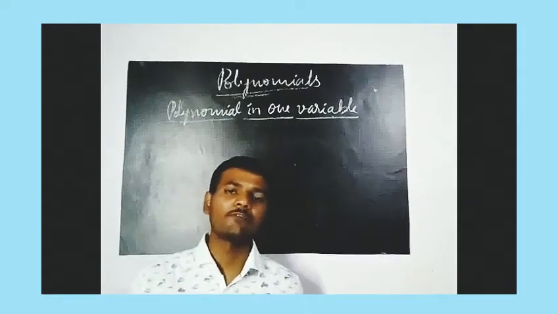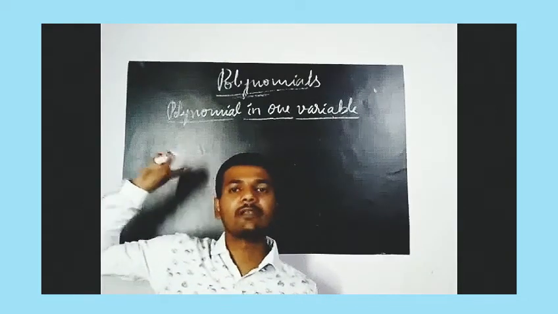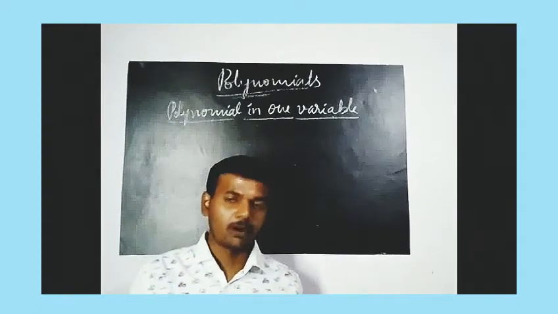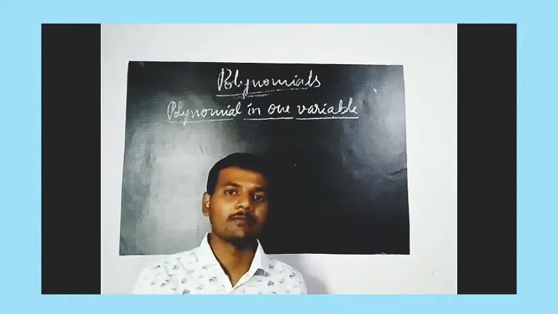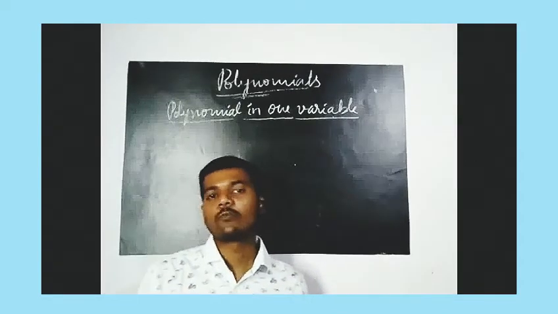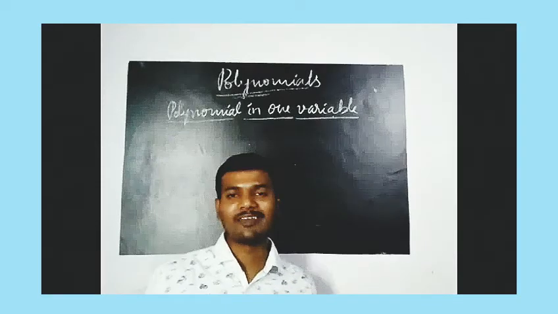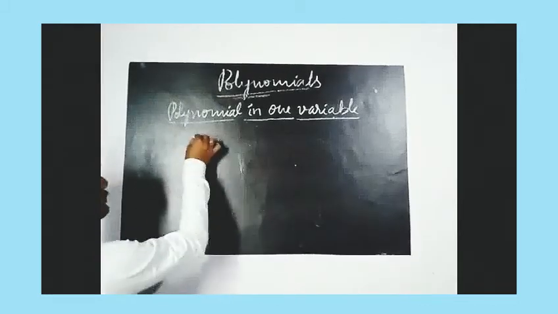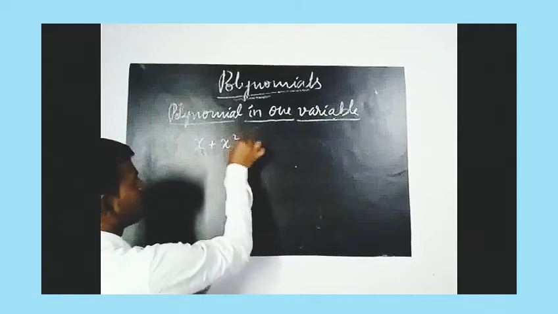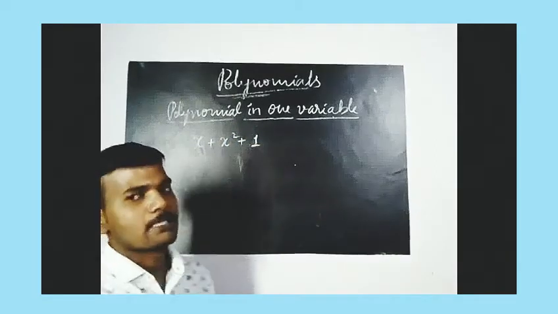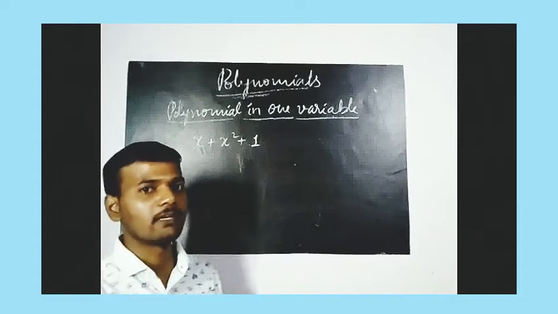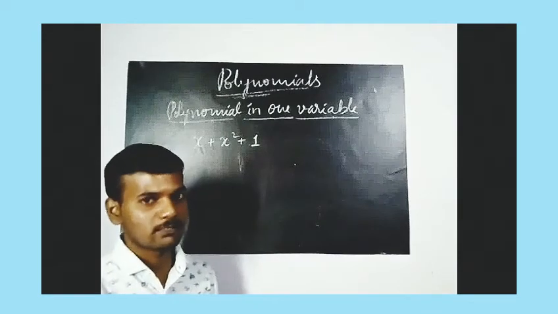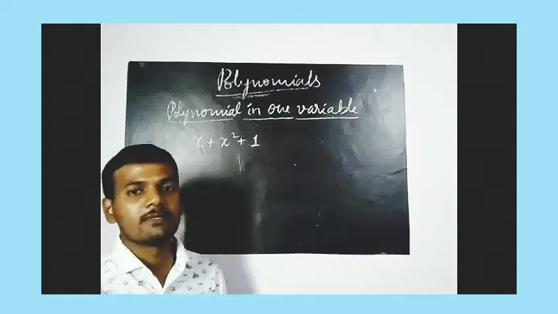If the polynomial is expressed in only one variable, or contains only one variable, it is known as a polynomial in one variable. Let me give an example. x plus x square plus 1 is a polynomial in one variable. The variable is x only. You should not worry about the constant; we just see the variables in that polynomial.